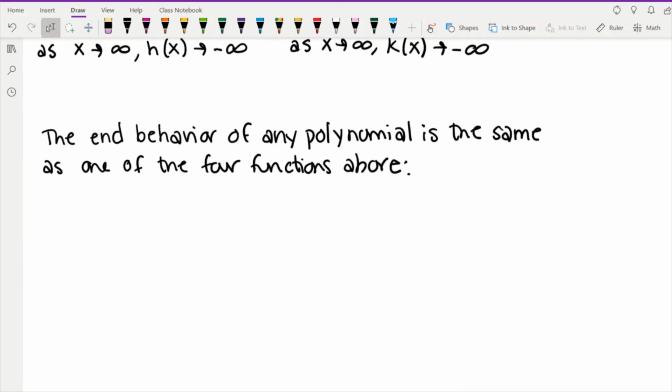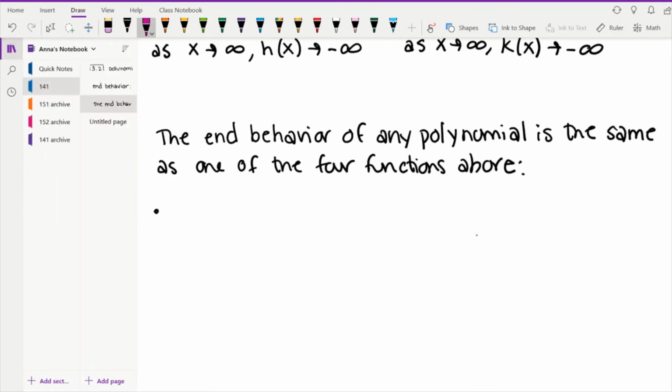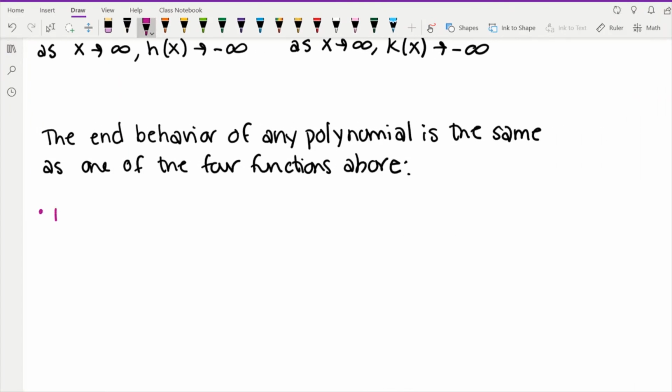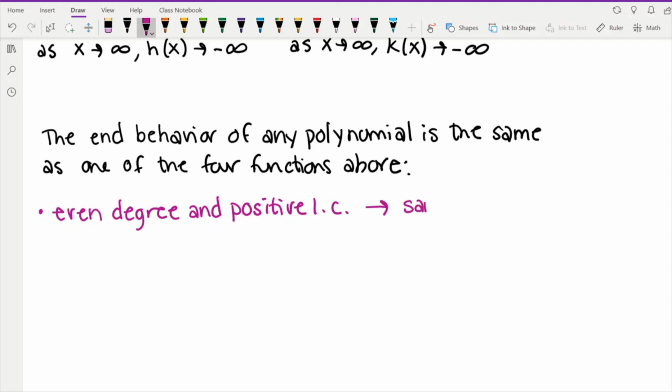So specifically, if you have a polynomial that has an even degree and a positive leading coefficient, that tells you that it has the same end behavior as f of x equals x squared.